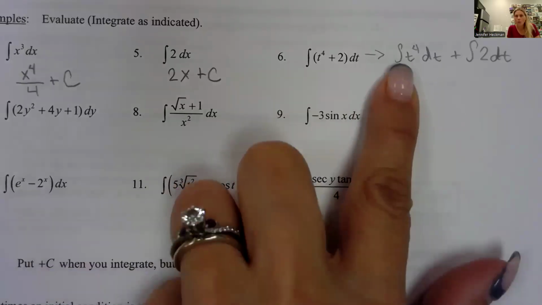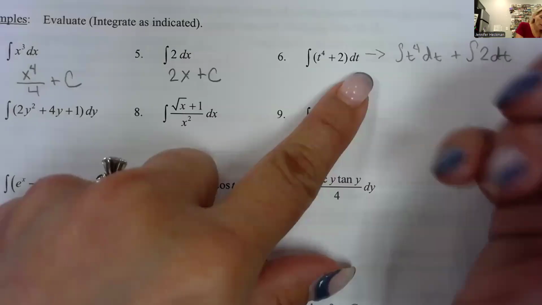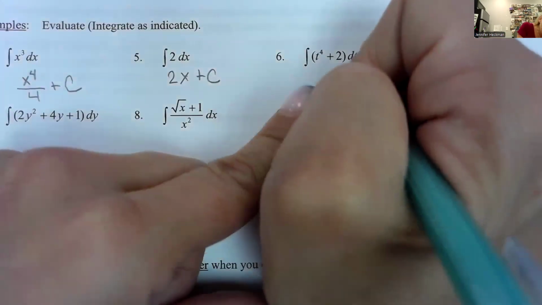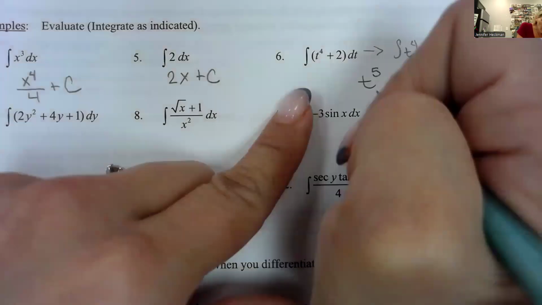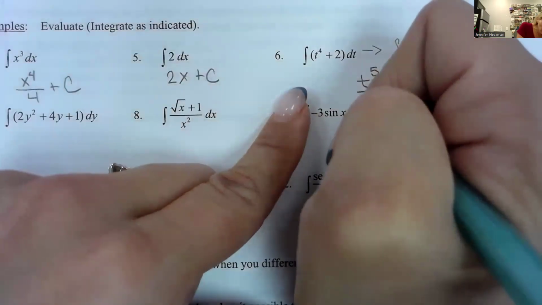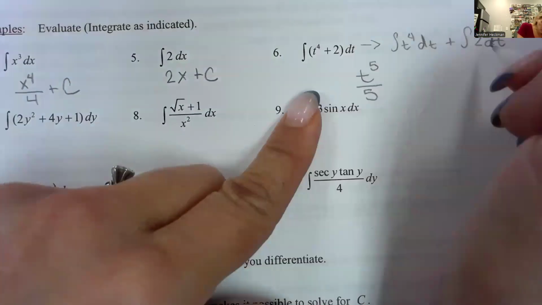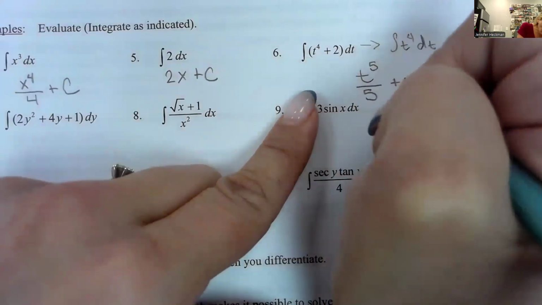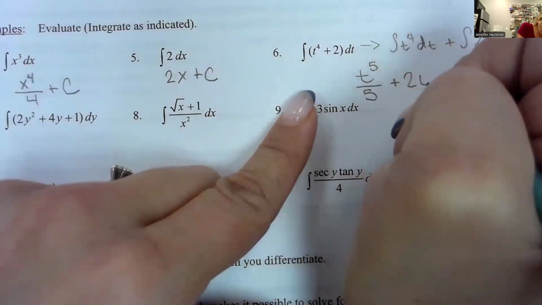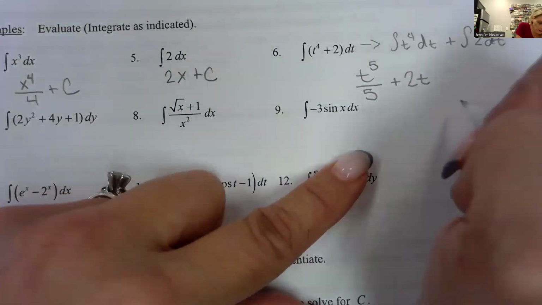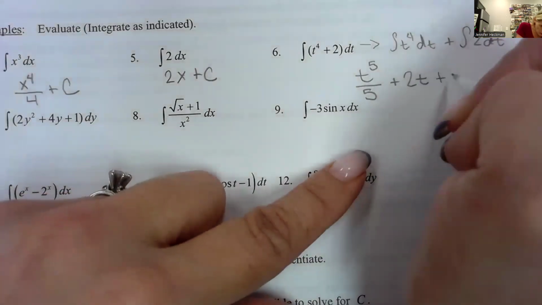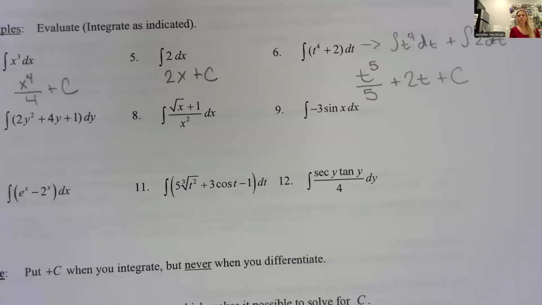So this is the power rule and this is the constant rule. Remember, my power rule is I add 1 on to the exponent and I divide by that exponent. Okay? And then there's the constant. Constant means I just hook on that t. But don't forget, this is an indefinite integral, so I have to have a plus c.